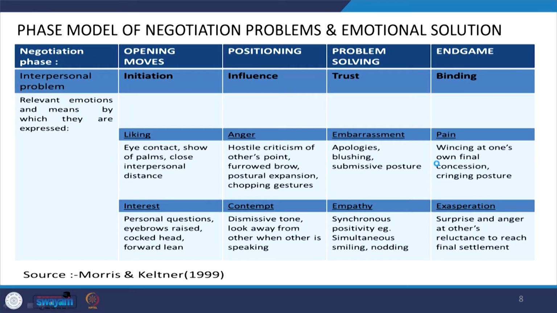Now, I will discuss this particular model in the different phases also. For example, with one example, the interpersonal problem, the relevant emotions and the means by which they are expressed. This is also important: you are caring, that is fine, but how you are expressing that care.